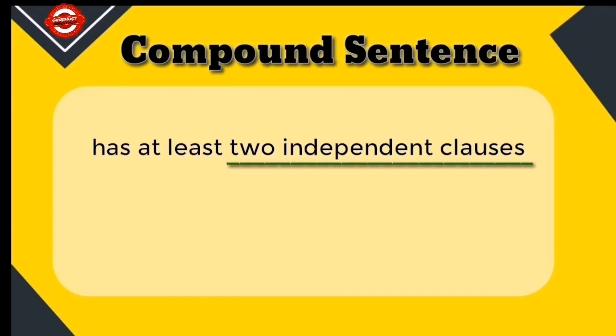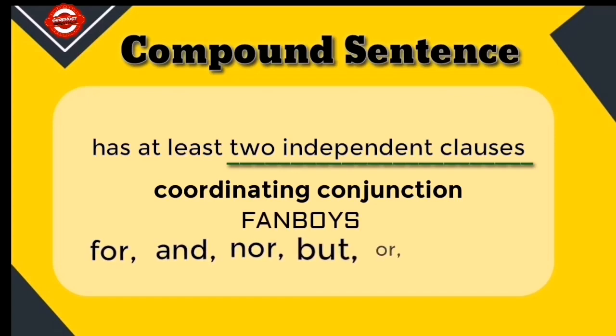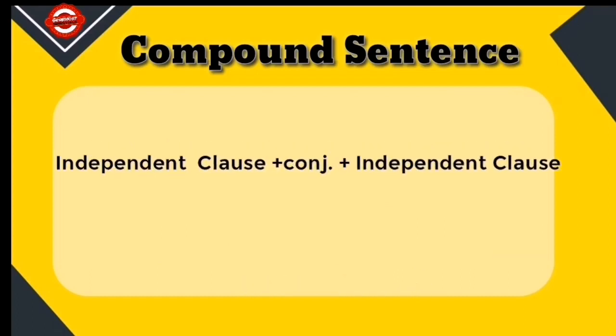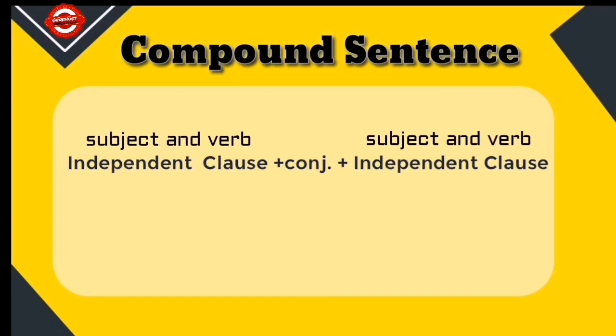These independent clauses can be joined by a coordinating conjunction, such as the FANBOYS: for, and, nor, but, or, yet, so, or even by a semicolon. In either case, each half of the sentence must be able to stand on its own as a complete sentence. That means each half needs a subject and a verb.